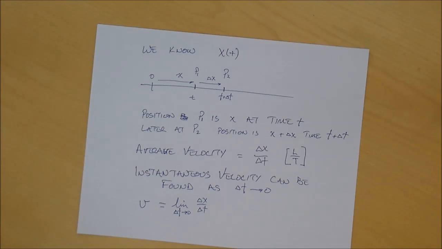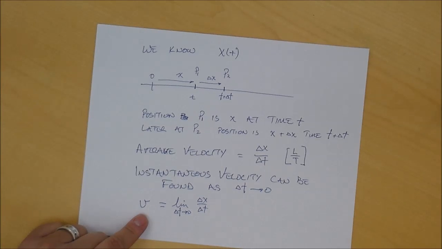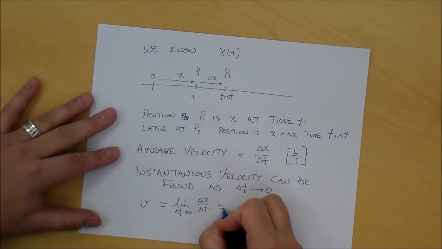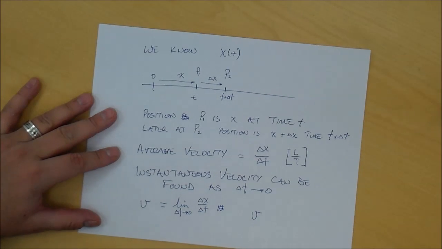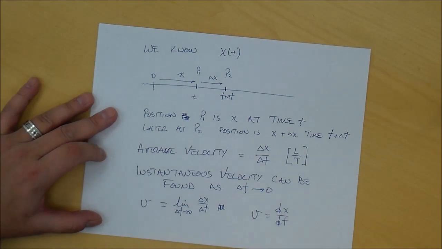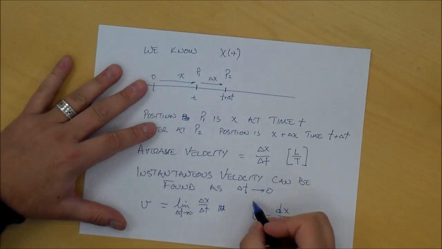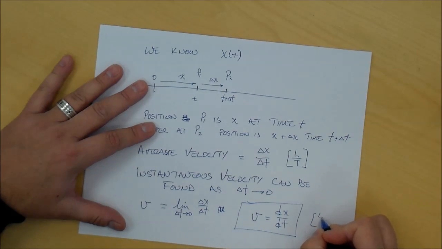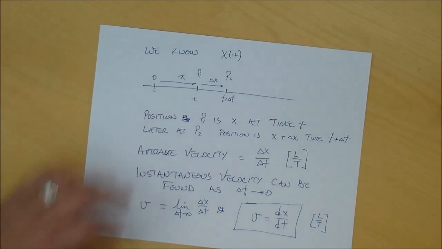Okay? So this might look familiar to you from calculus, right? And in fact it is the definition of a derivative. So we can say that the instantaneous velocity is equal to the derivative dx with respect to time dt. And again, this has units of length per time. So meters per second, feet per second, miles per hour, kilometers per second, whatever.